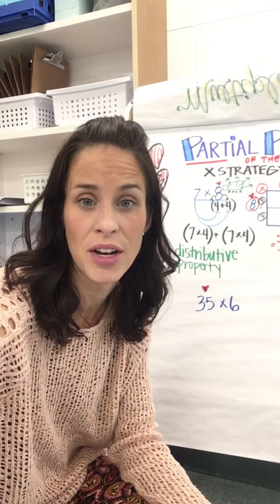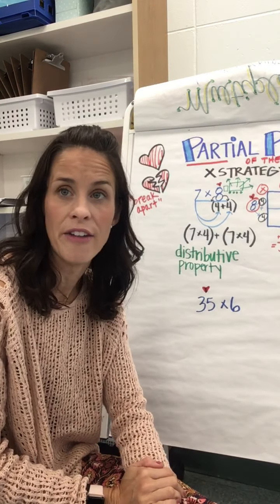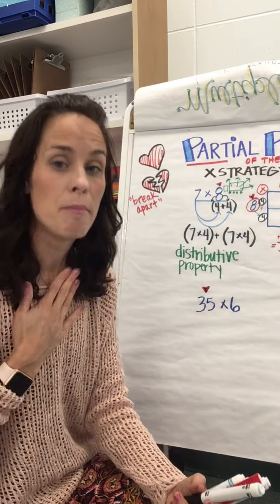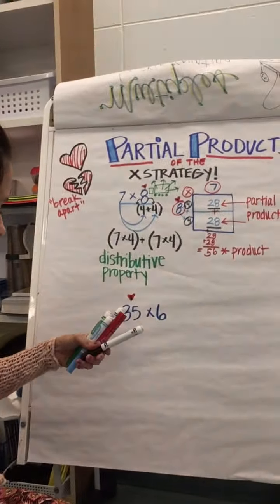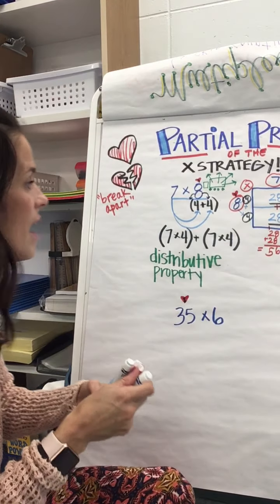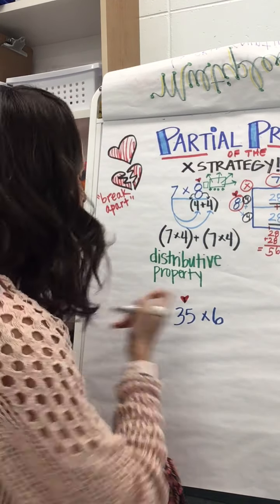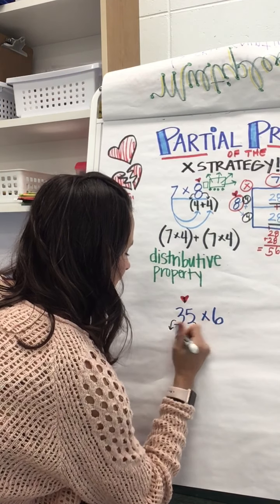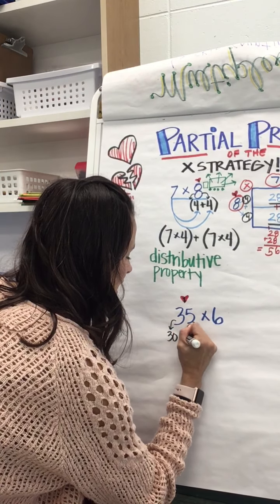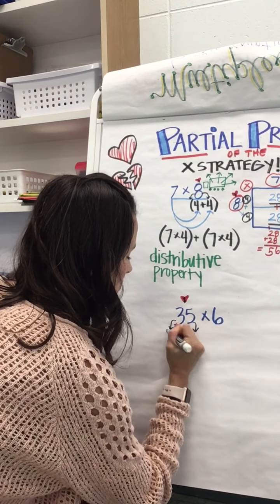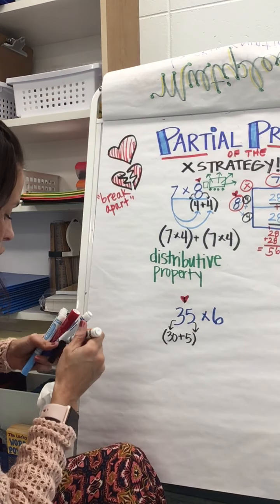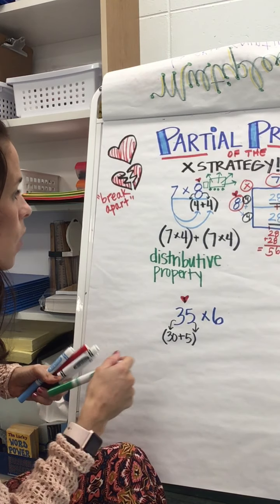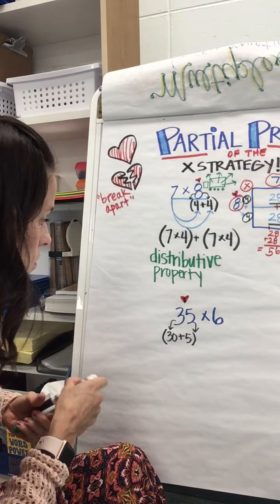Now, here's another question. How do you want to break up 35? I don't care. You can do it any way you want. For me, when I look at it, I think about place value. And my first thought when I looked at it was, well, 35, if I want to break it apart, I kind of think of it as 30 and 5. So what if I use this property, distributive property, what if I distribute the 6?